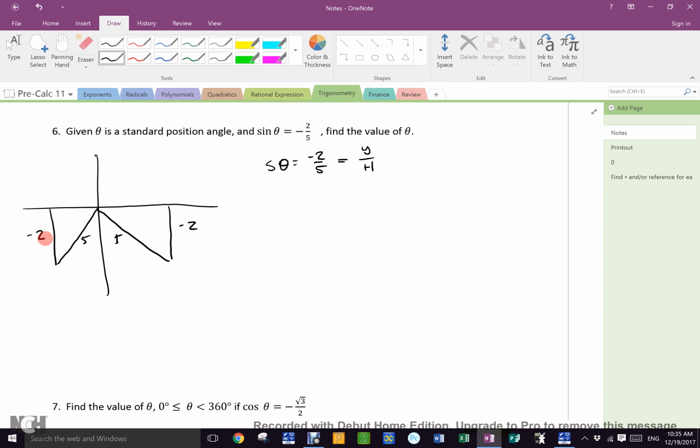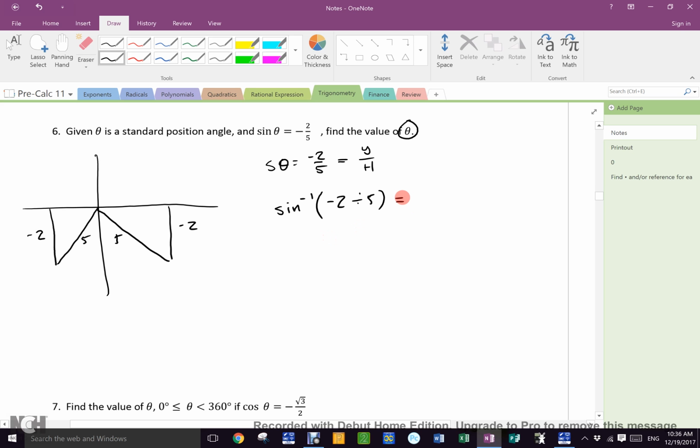So how do I use my calculator to find theta? Is it a shift sine or a sine? So I must have to do shift sine of what value? -2 divided by 5.